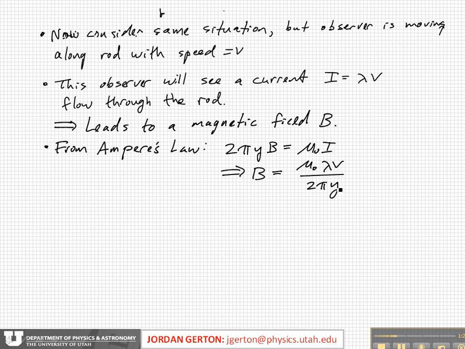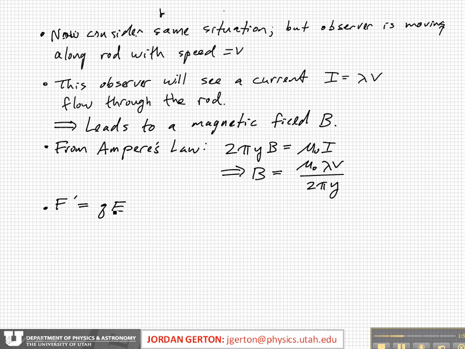Okay? So in this reference frame where we have a magnetic field and an electric field, remember the electric field is still there even though we're now in a moving reference frame, moving relative to the charge distribution. We have to consider both the electric and magnetic parts of the Lorentz force.